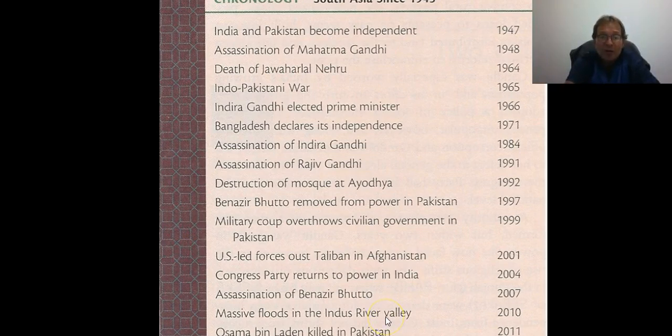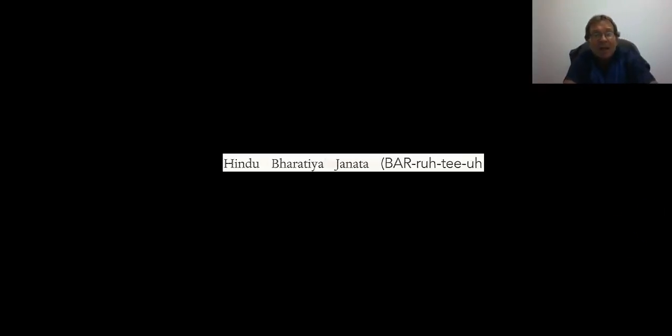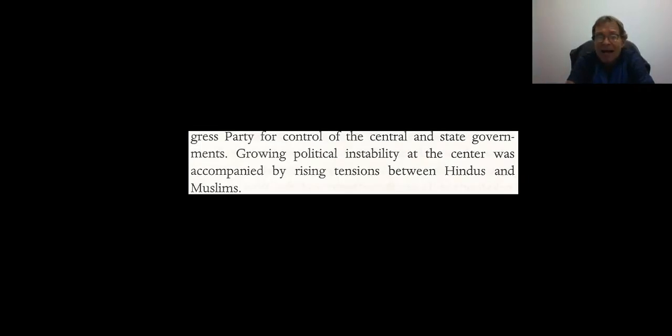There were massive floods in the Indus River Valley in 2010, and Osama bin Laden will be found hiding in Pakistan, which further exacerbated relations between the United States and Pakistan. And the Hindu Bharatiya Janata Party, or the BJP, actively vied with the Congress Party for control of the central and state governments in the last decade.